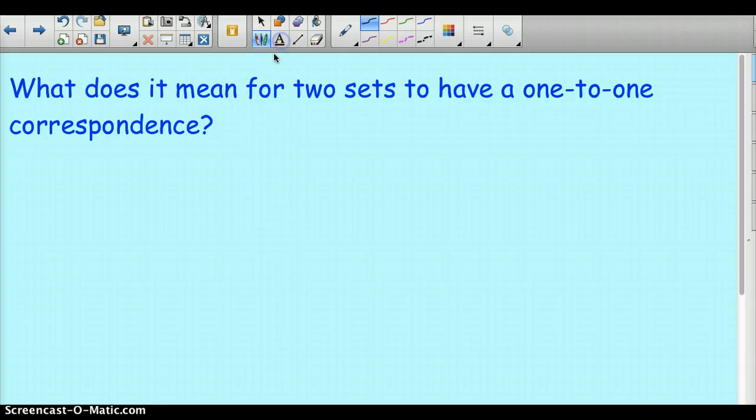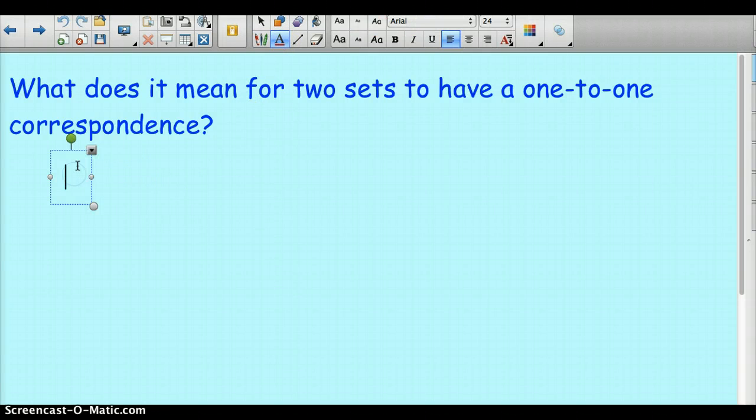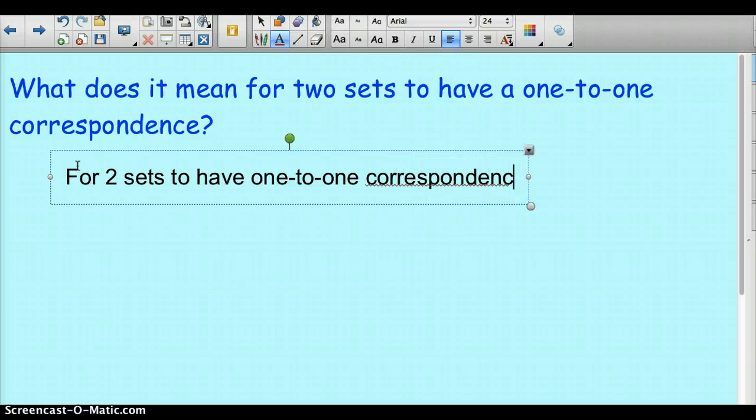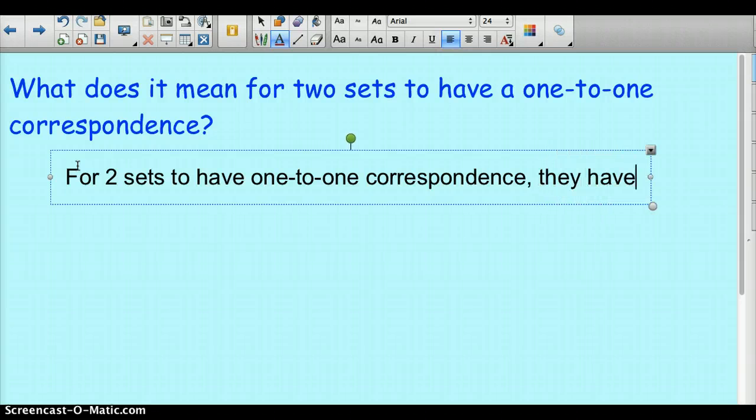Next, we're going to talk about one-to-one correspondence. So, for two sets to have one-to-one correspondence, a couple of things have to happen. They have the same cardinality.